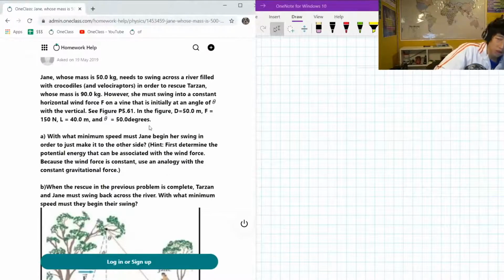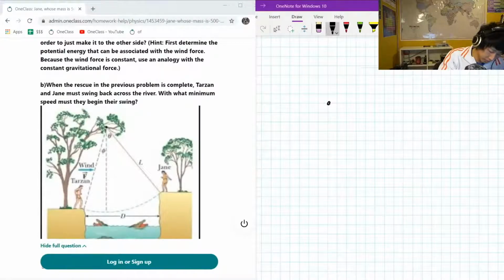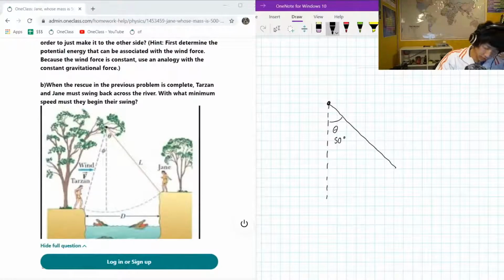Okay, cool. So let's redraw this out in a more abstract way. So we know that the situation comes to us like this. Here we have theta, which is 50 degrees.